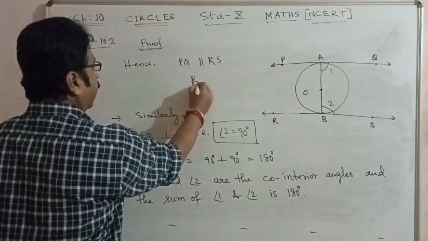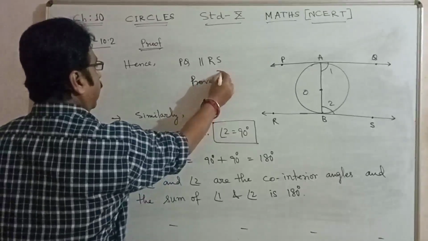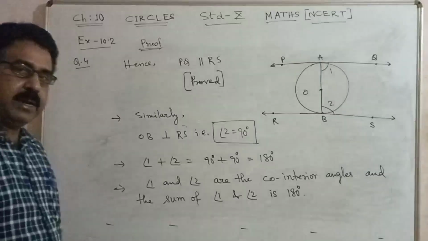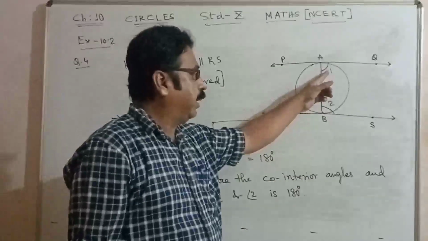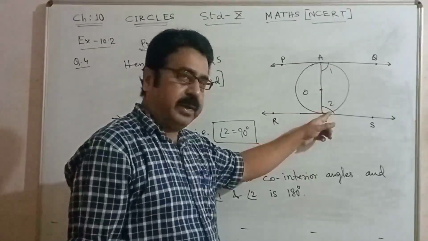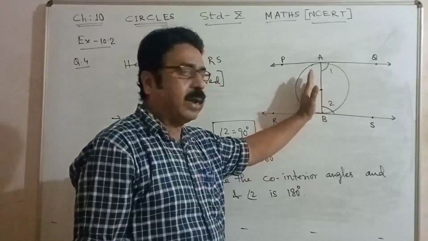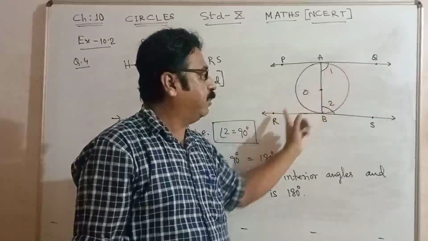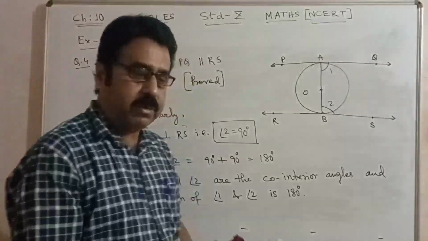Proved. If we can prove that angle 1 and angle 2 total is 180 degree, and they are lying on the same side of the transversal, then these two lines should be parallel to each other.